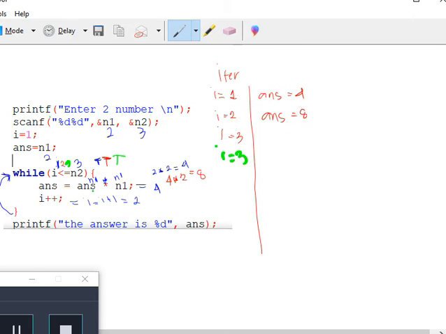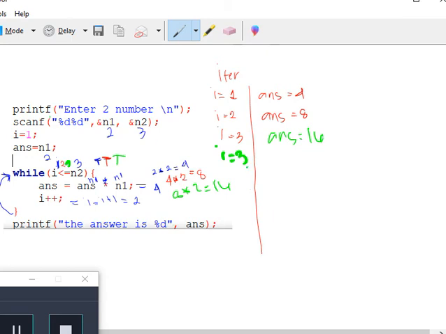So, this becomes 8 times, since our ans here is 8 man, so 8 times 2 is 16. So, after this one, ang ans na to is 16.